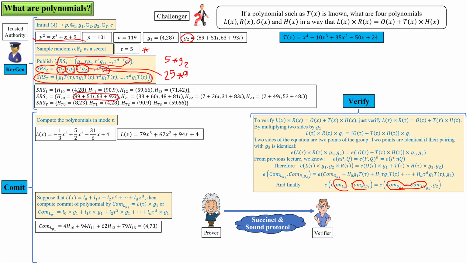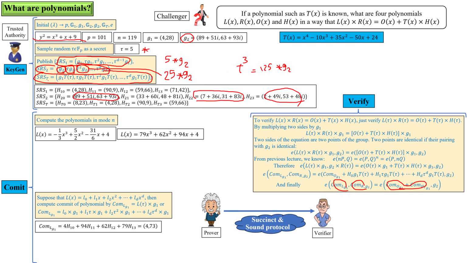Again, you can use our website to compute 25 times G2, and you will see that this would be the result. And the final value equals tau to the power of 3, which is 125, and 125 times G2 using our website, you will see that it would equal this value.